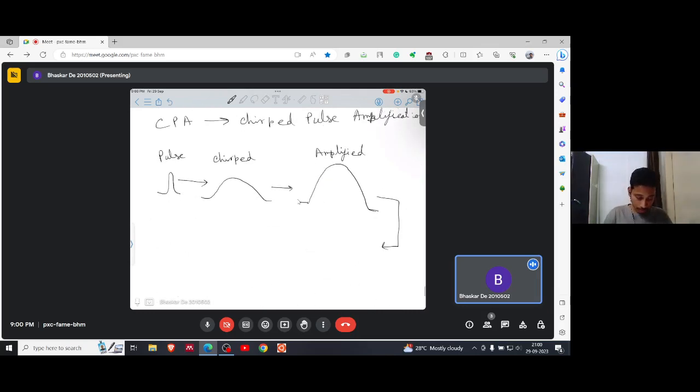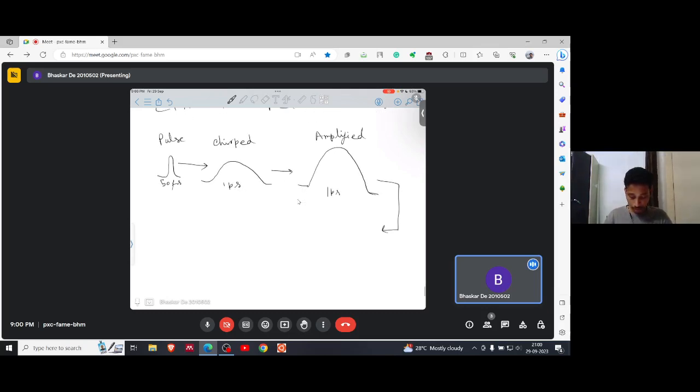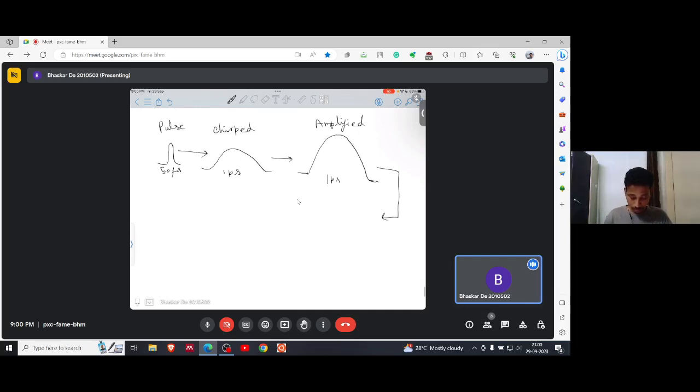So for example, if this is some 50 femtosecond, this will be something around 1 picosecond, then it is amplified, then it will also be 1 picosecond, and then it is compressed to again 50 femtosecond, and this will be like this very sharp peak.